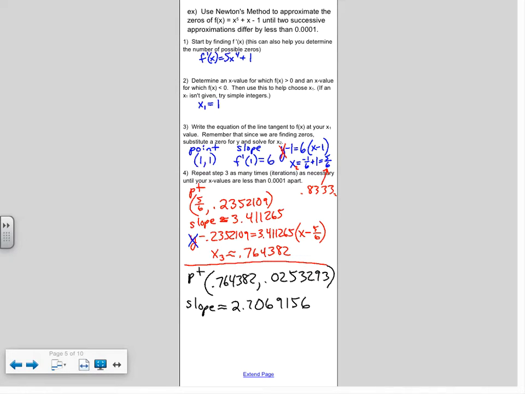All right, so we write our equation. Y minus 0.02539293 equals 2.7069156 times x minus 0.764. All right, and we solve this again for x. Remember, replace your y with a 0 because we're trying to find where this tangent line equals 0.